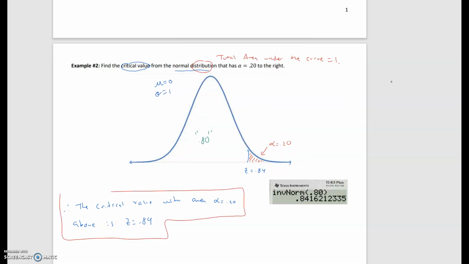And that's actually it for this one. Once again, remember that the inverse norm requires area to the left. So because you have 20 to the right, that means that you have to have 80 to the left.